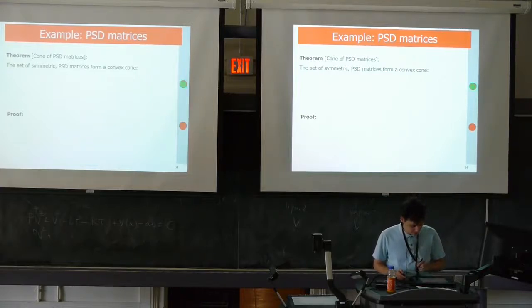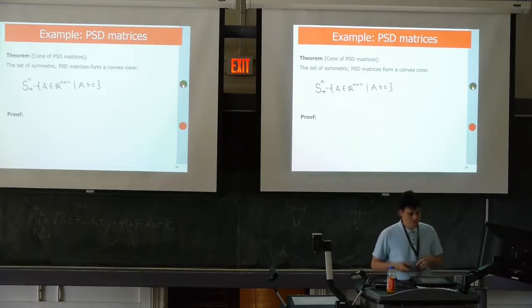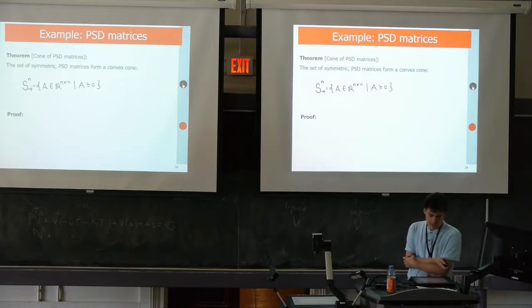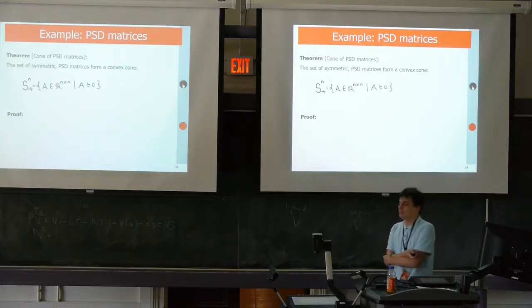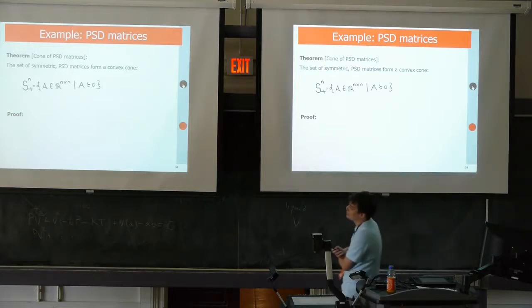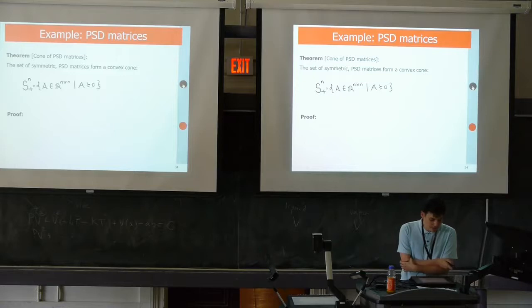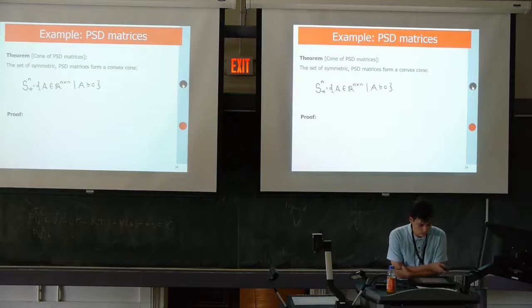We can define the set of n times n symmetric positive semi-definite matrices. This set will be denoted by S_n^+. And the theorem says that this set defines a convex cone.